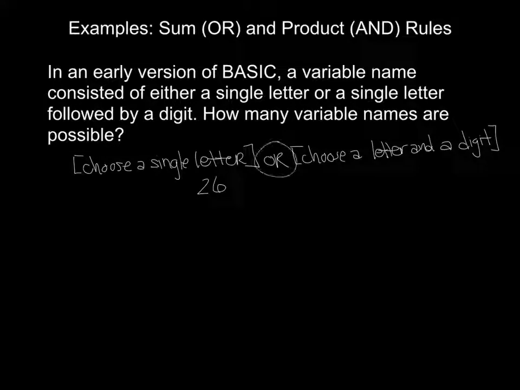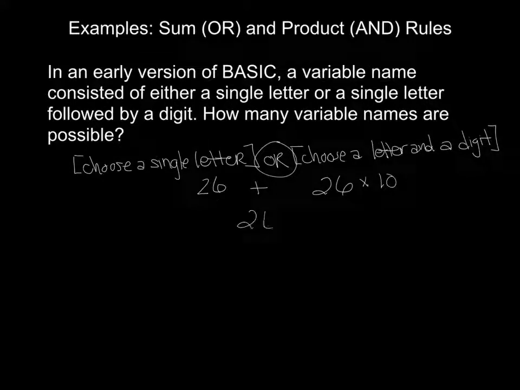We have the or, so we're going to use the sum rule. Then we're going to choose a letter, and then because we have the and, we're going to use the product rule. And there are 10 ways of choosing a digit. So we have 26 plus 260, and then we have our final answer.